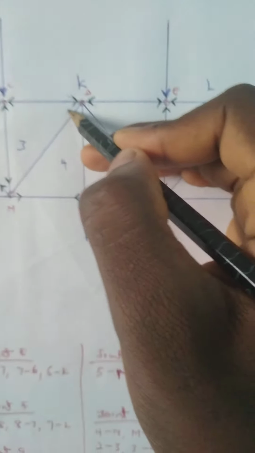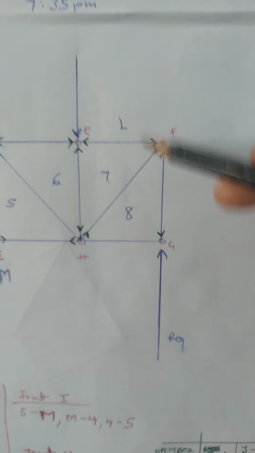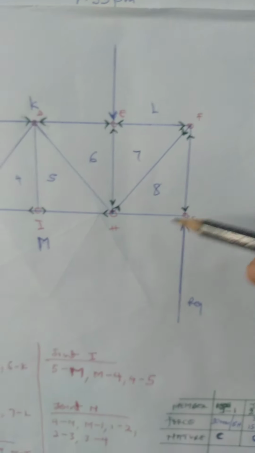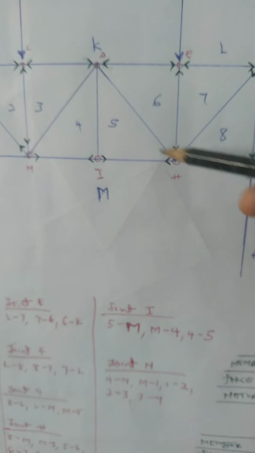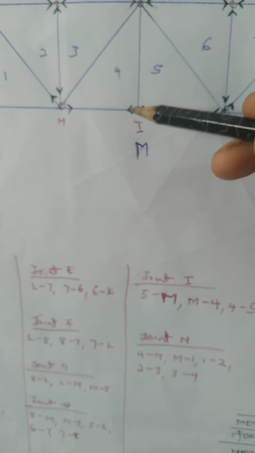So the arrow will be this because you move from 3 to K. So this is actually what you'll be doing for all the various joints to determine the direction of the force in the members.